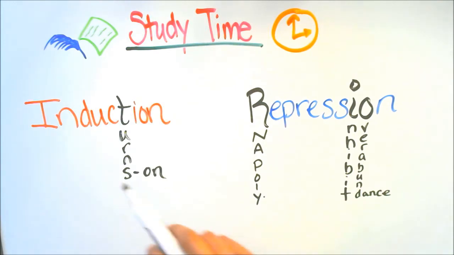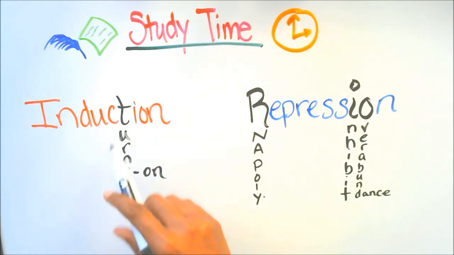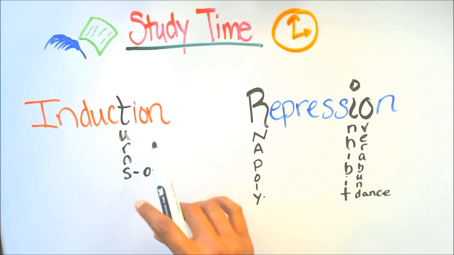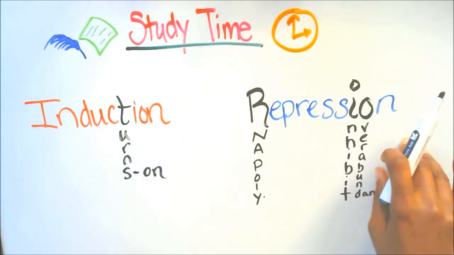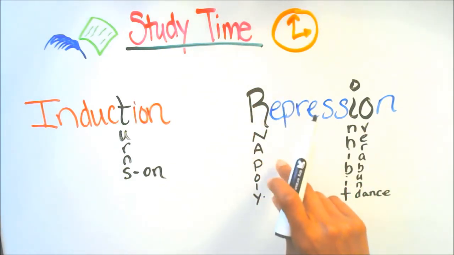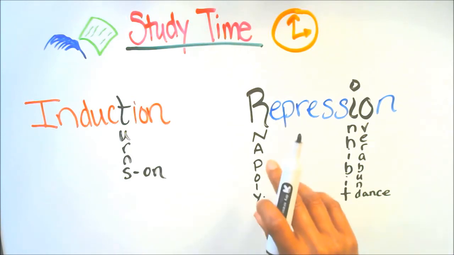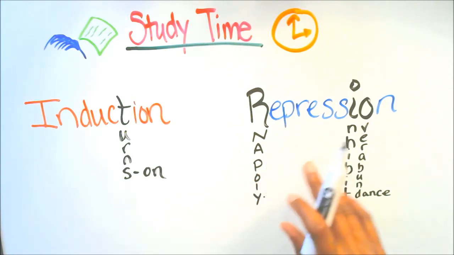All right, we're going to review this. So we have induction, and we pick the T for turns on. So it's a process that turns on transcription of genes or a gene. We have repression, so we pick the R for RNA polymerase. So what that is that the repressor blocks the ability for the RNA polymerase to start transcription.